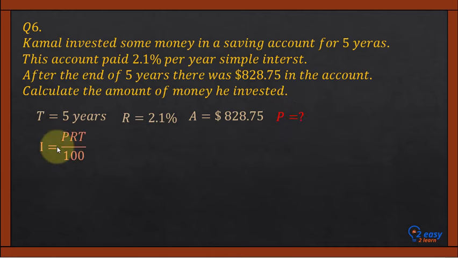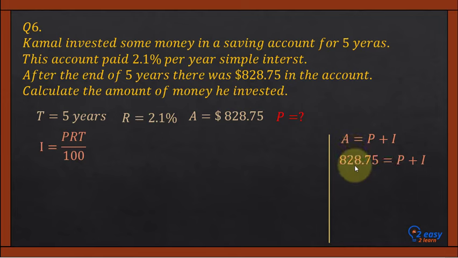So we will apply the simple interest formula. I is equal to PRT over 100. So first we need to calculate I. So A is 828.75, which is equal to P plus I. We will shift P to the left side. So I is equal to 828.75 minus P. Plug in this value of I in this formula.